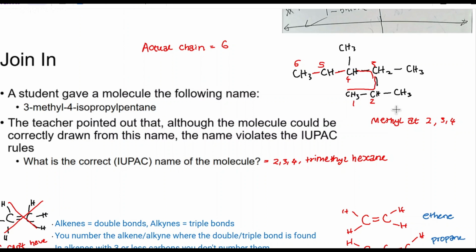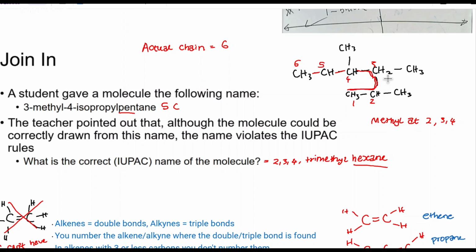But this is wrong, and the reason why it's wrong is because the pentane, which is 5 carbons, is not the longest chain when you actually count it. The longest chain is 6, so it goes this way. That's why the name is going to be changed to hexane. This is the longest carbon chain now.